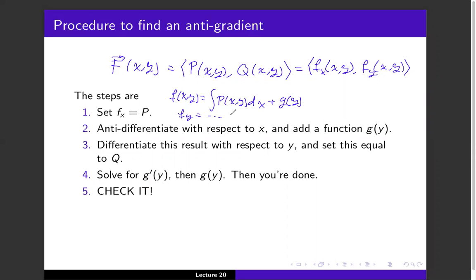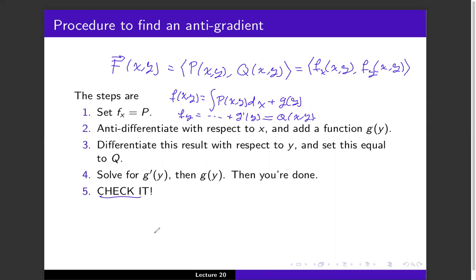You differentiate this with respect to y, but then you get g prime of y at the end. And that's going to all be the same thing as Q(x,y). And you solve for g prime of y and then g of y, and that's basically it.